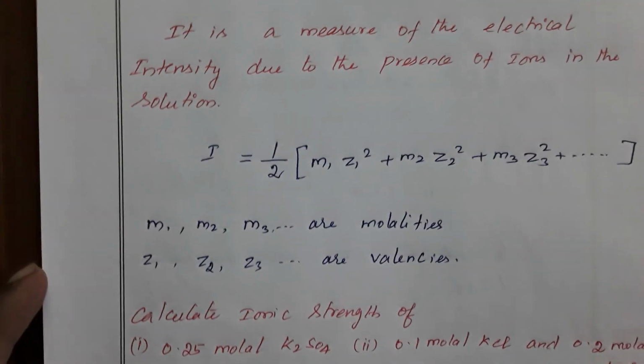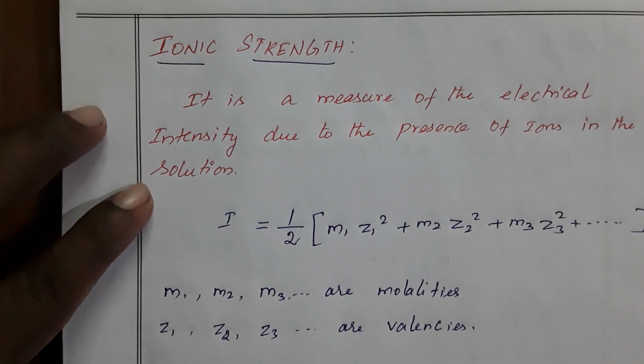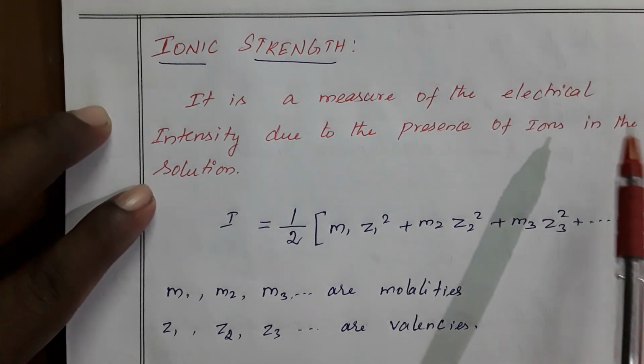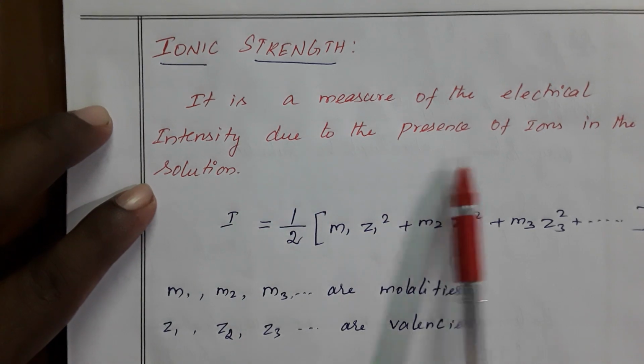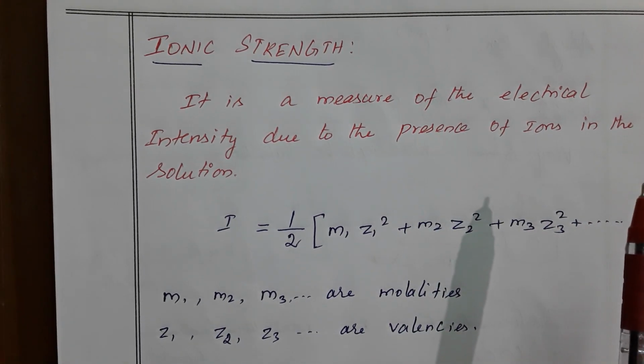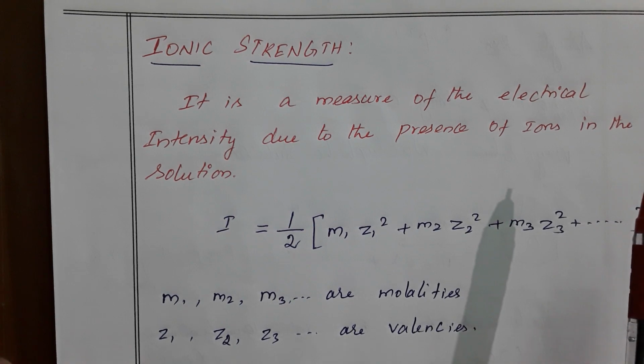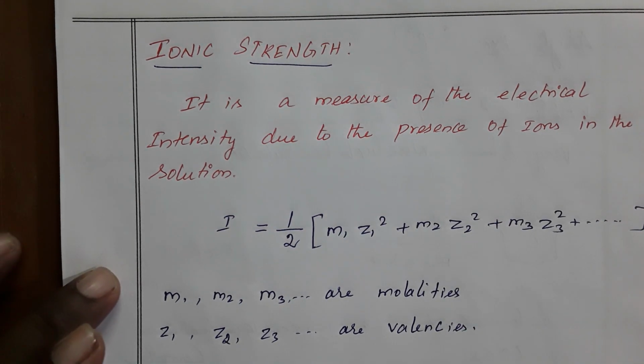And the next important topic is ionic strength. It is a frequently asked topic. Ionic strength is a measure of electrical intensity due to the presence of ions. We know that the ions in a solution are responsible for the conductance, so you have to measure that electrical intensity.